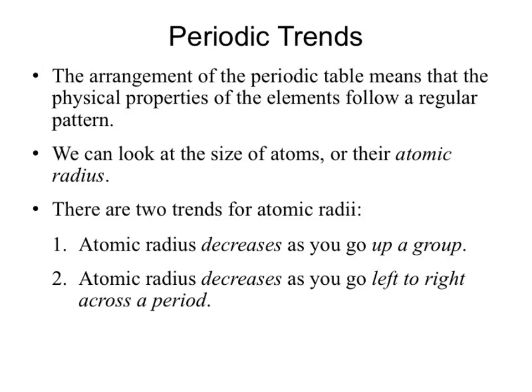So we get two main trends, and they go in order of importance here. The first one is looking at how the radius changes when you look within a column. So as we move from hydrogen to lithium to sodium to potassium to rubidium to cesium to francium, what happens to the atomic radius? Well, think back to what's happening with our subatomic particles.